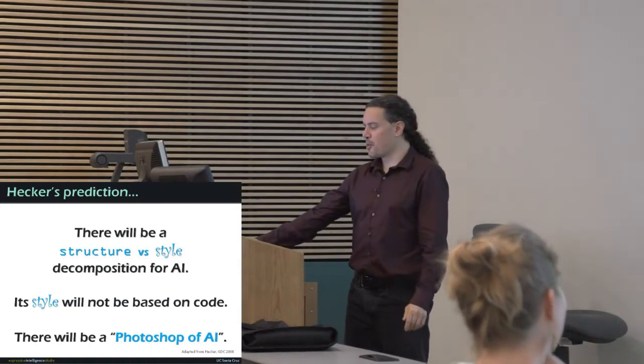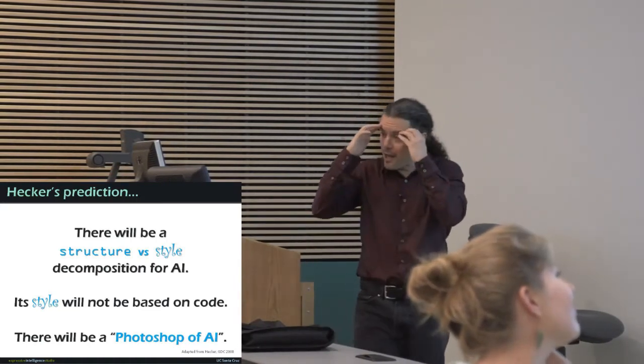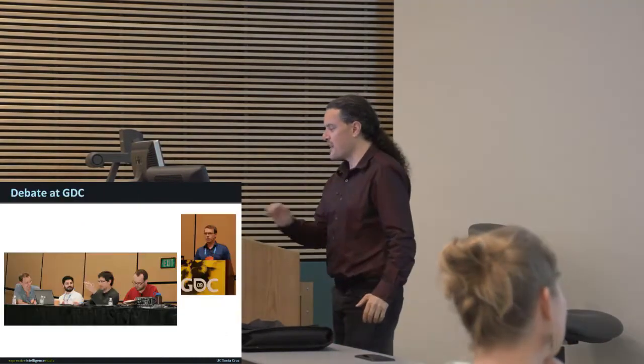And this created a lot of consternation in the game AI community. A Photoshop of AI, what the heck would that look like? Is it even possible? And this ended up being debated at the AI Summit at GDC a year after Chris's talk. Here we see a number of AI luminaries at the table arguing about whether the notion of a Photoshop of AI is possible, and how you would make progress towards it.